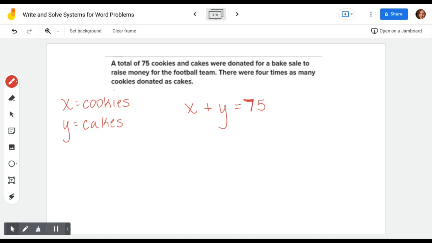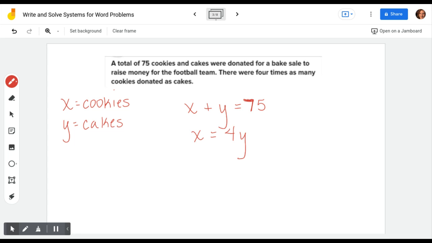So let's say if I know there were 3 cakes, I know there's 12 cookies, right? So whatever the cakes are, I'm going to multiply the cakes by 4, and that's going to equal the cookies. So X, the cookies, equals 4 times Y, the cakes, because there's 4 times more cookies than there are cakes.